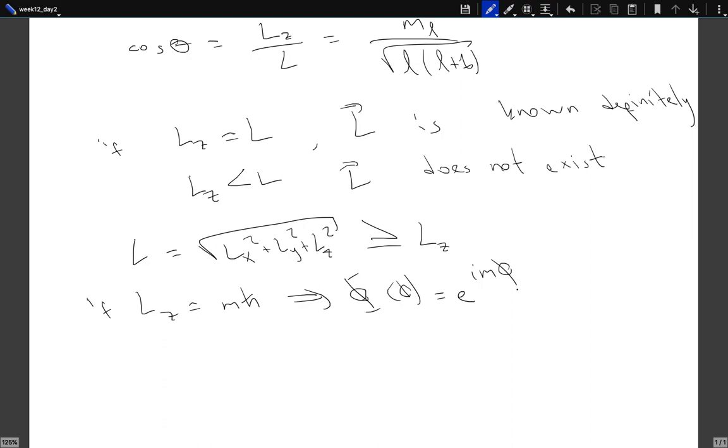No, it can never be. What I'm saying there was, if it were possible to have Lz equal to L, then we know definitely what the angular momentum vector is. But it never happens.